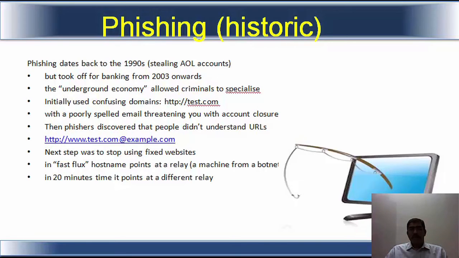The underground economy allowed criminals to specialize in phishing. It initially used confusing domains. Example, https test.com. It sounds legitimate, but it's actually not. Phishing also is propagated with poorly spelled email threatening your account closure.